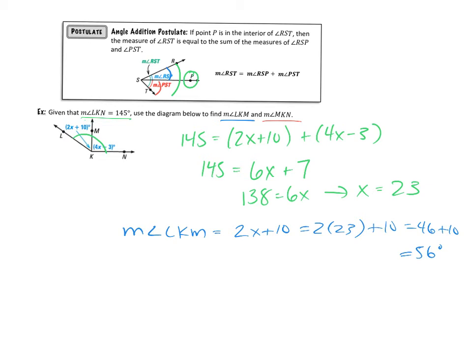We also need to find the measure of angle MKN, which equals 4x minus 3, or 4 times 23 minus 3, which equals 92 minus 3, which equals 89 degrees. If you want to, you can go back and check this, and if you add 56 plus 89, you will indeed come up with 145 degrees.